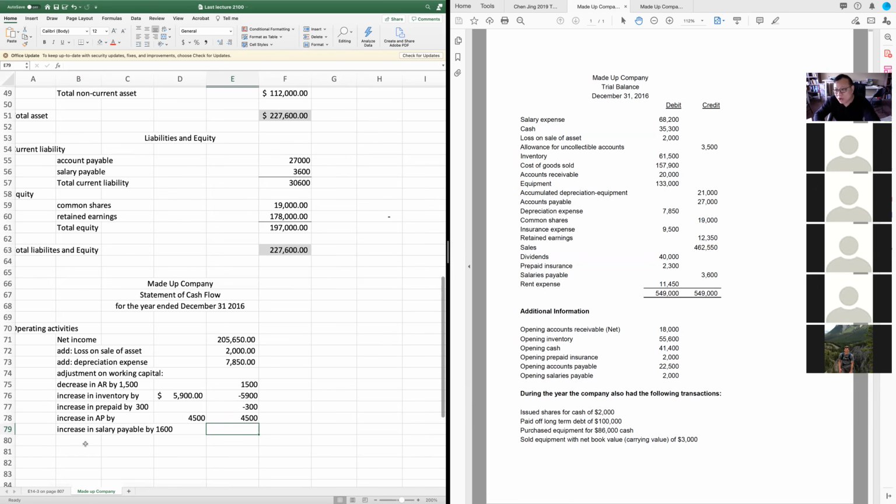If you owe more money to your employees, owe their salary, that's your salary payable. If you owe more money to your employees, that means you save the money on your side, right? You're not paying them. So that's a 1,600 plus. Does this make sense?